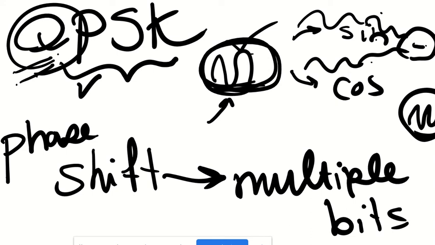One commonly used system for doing this is known as QPSK, or quadrature phase shift keying. So how would this work?